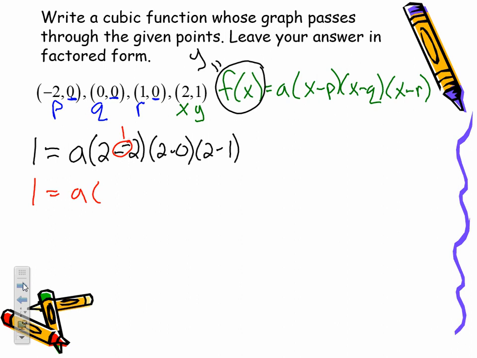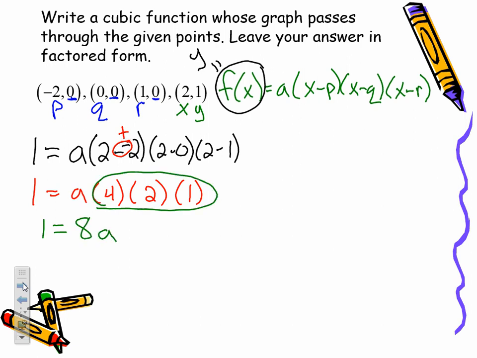This turns into a positive, so that's going to be 4. 2 minus 0 is just 2. 2 minus 1 is going to be 1. So 1 equals, here if I multiply these all together, I'm going to get 8a. Divide both sides by 8. And 1/8 equals a.